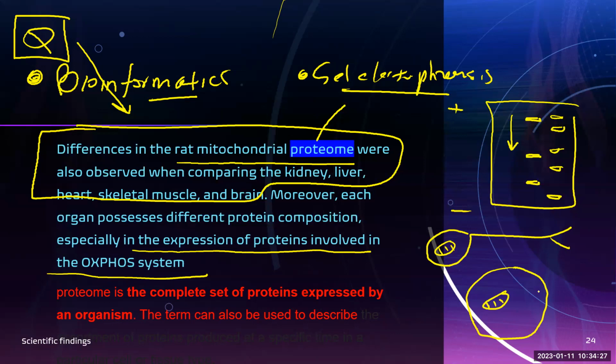So what are the proteins involved in the oxidative phosphorylation system? Enzymes and transporters. For example, ATP synthase acts as a transporter as well as an enzyme.